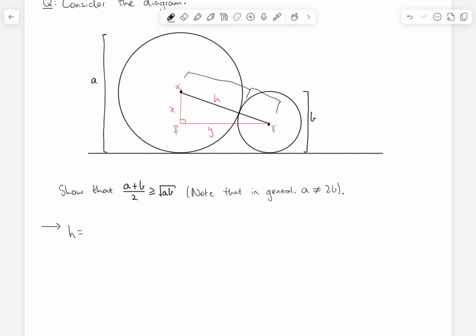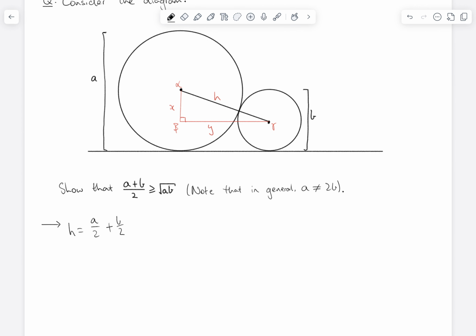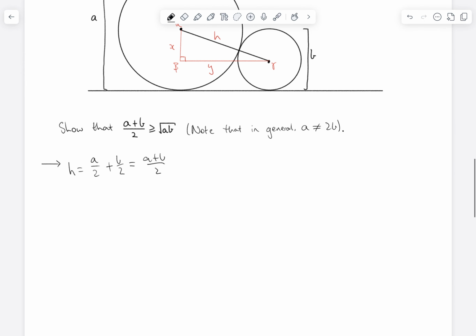Because the diameter of the larger circle is a, the radius is going to be a over 2. And with that, we have to add the radius of the smaller circle. In the same way, the diameter of that smaller circle is b, hence the radius is going to be half of b. And so when we add these up, we get a plus b over 2. Okay. So we have an expression for h.